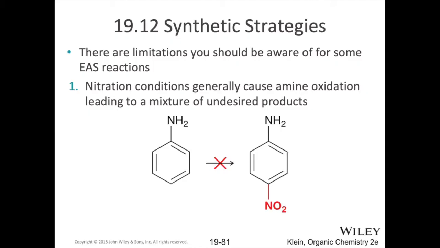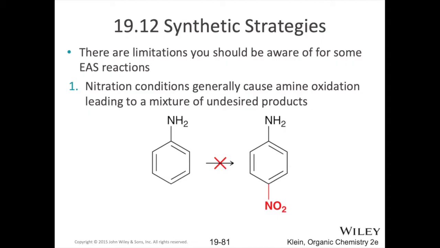Now, that being said, there are some limitations you should consider when you're designing syntheses. Okay, something to watch out for with nitration. Remember, you're using concentrated nitric and sulfuric acid. Those are very reactive reagents, and you want to consider that if you have more sensitive substituents already on your benzene ring, they might not stay that way.